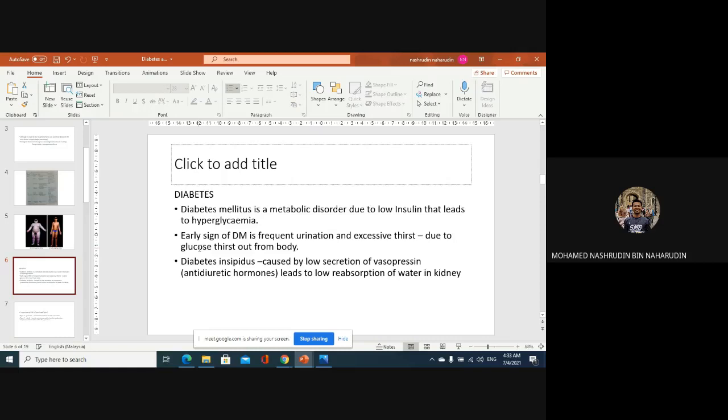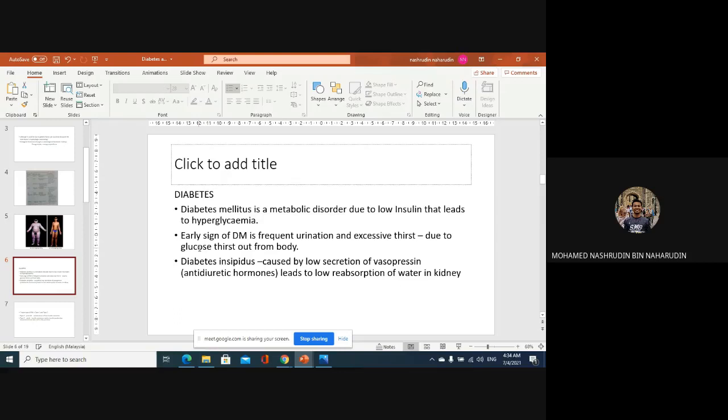But apart from glucose, diabetes insipidus is actually due to the low secretion of vasopressin, okay, meaning that it leads to dehydration, the body being unable to control its hydration status because of low secretion of vasopressin.